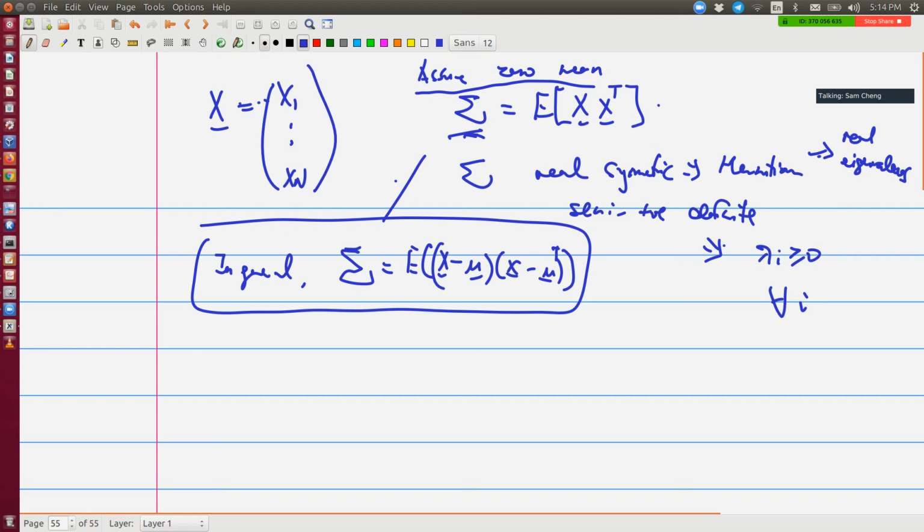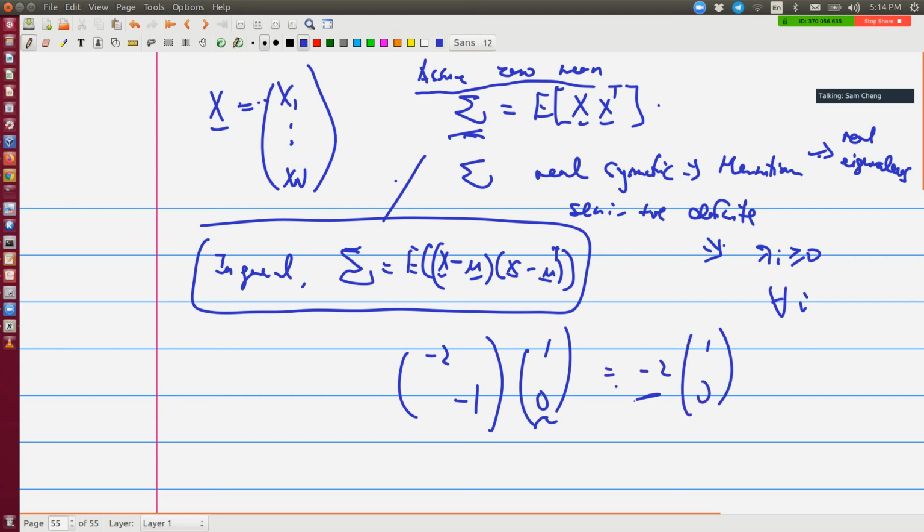What's the case if it's negative? You can very easily construct something with a negative eigenvalue. For example, this will give you negative eigenvalues, because this is an eigenvector, like 1, 0, and this multiplied by it gives minus 2, 1, 0.